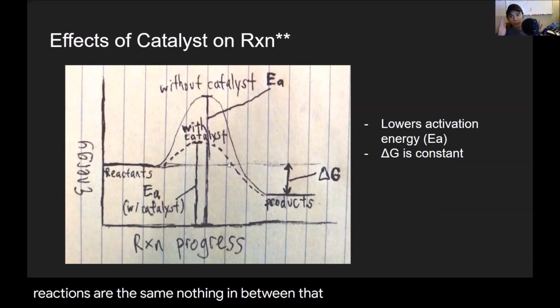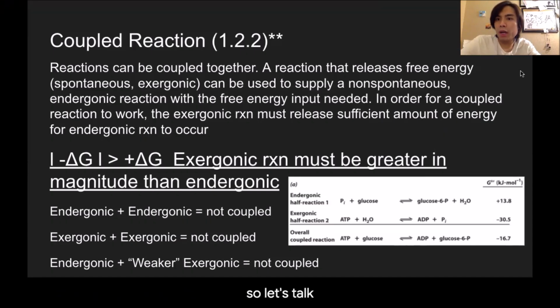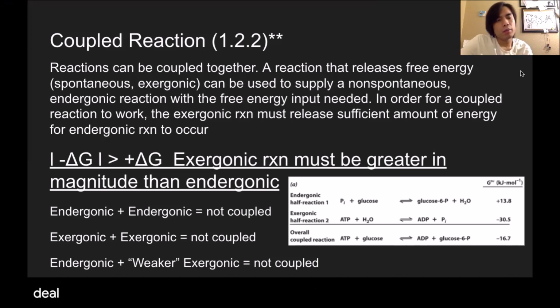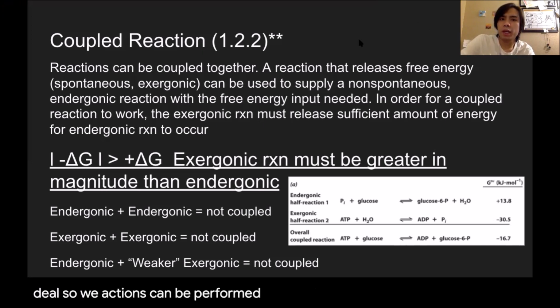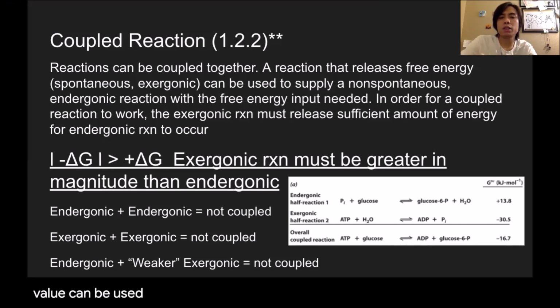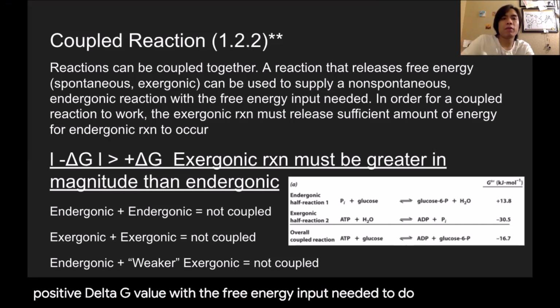Nothing in between matters. So let's talk about coupled reactions. It is why our delta G value is kind of a big deal. Reactions can be paired together. A reaction that releases free energy, a spontaneous exergonic one that has a negative delta G value, can be used to supply a non-spontaneous endergonic reaction, one with a positive delta G value, with the free energy input needed to drive it forward.